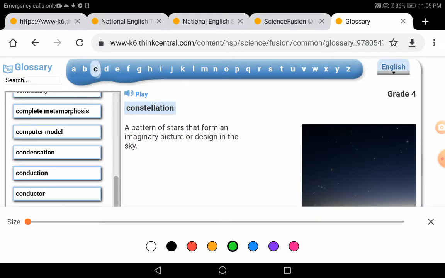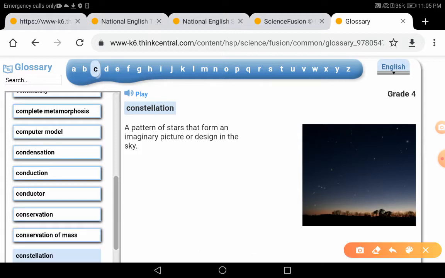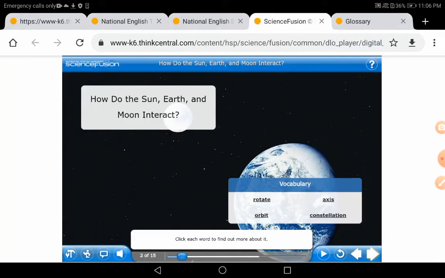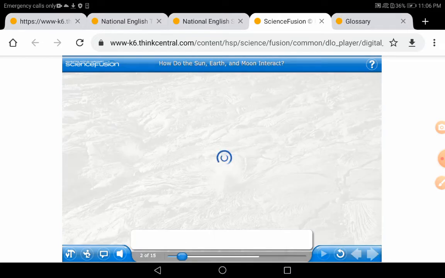You might say this way. So it's an imaginary picture or design in the sky. But in fact, a constellation is a pattern of stars. Okay, now we're done with the vocabulary words. Let's see the next slide.